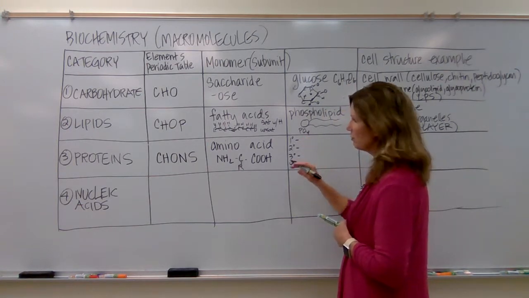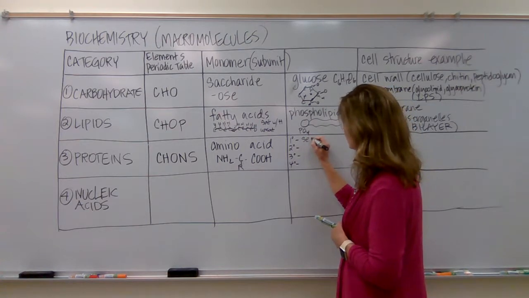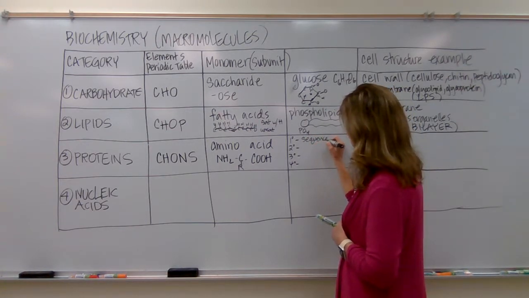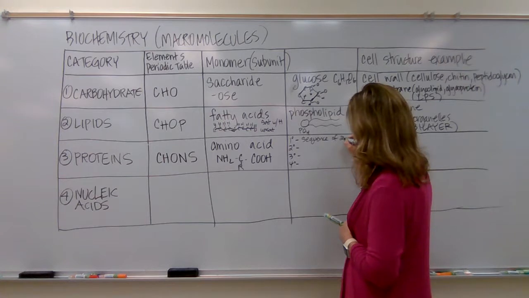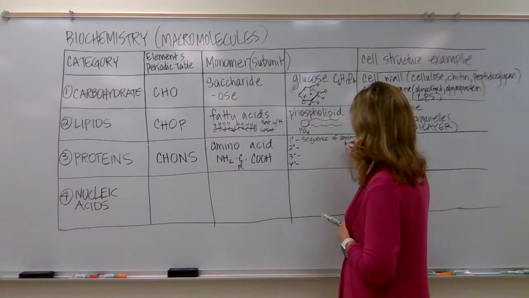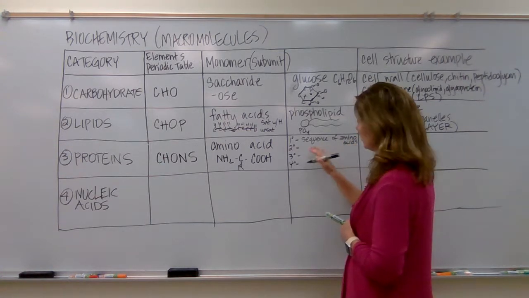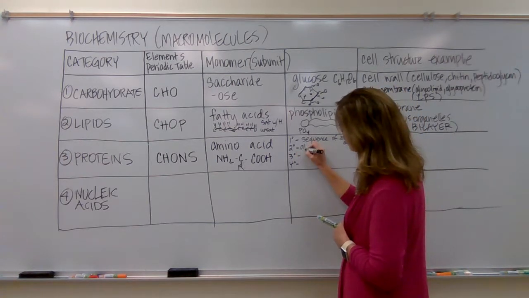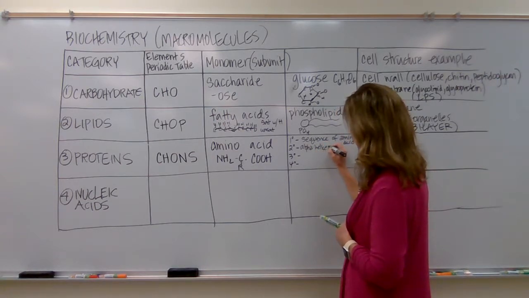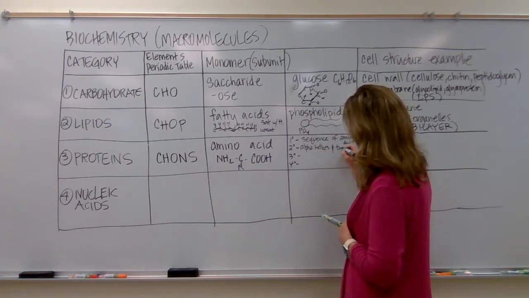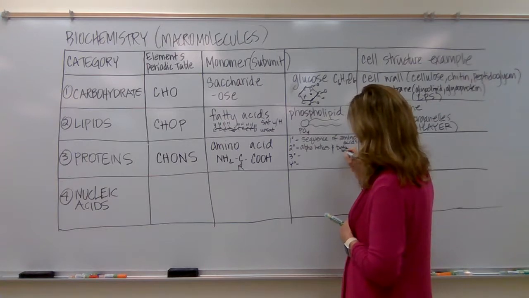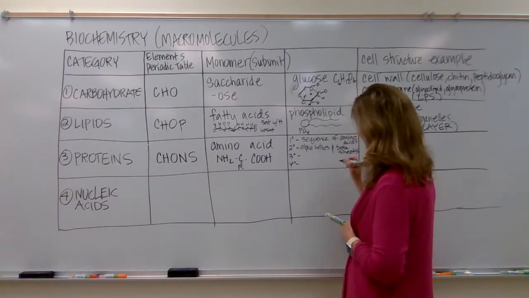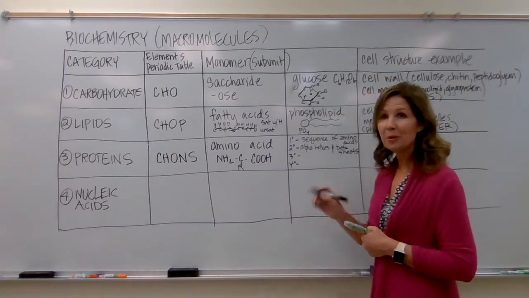Primary structure of proteins, sequence of amino acids. When you think of secondary structure, alpha helix, alpha helices, and beta sheets, kind of like I drew for that prion molecule.